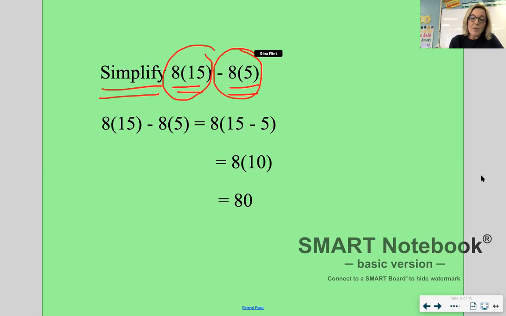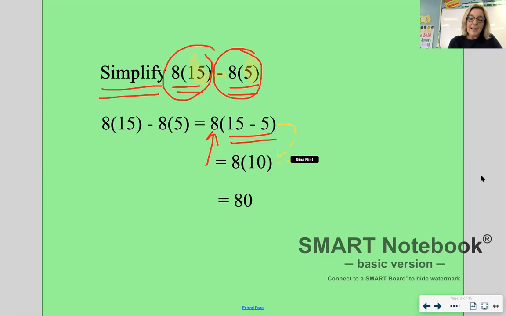So the way you write that is this 8 here becomes a factor of the difference of the other two numbers. So 15 minus 5 is what's left. So if you look, we have 15 here minus 5 here. And so now we could subtract 15 minus 5 to get 10, and that becomes our second factor.